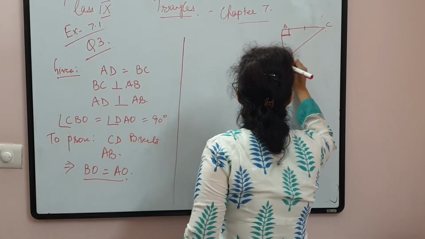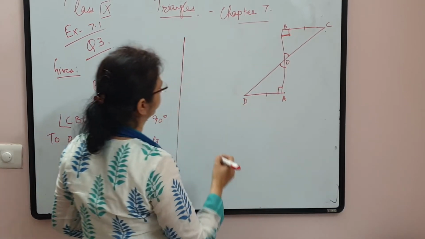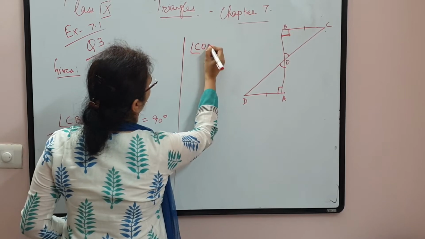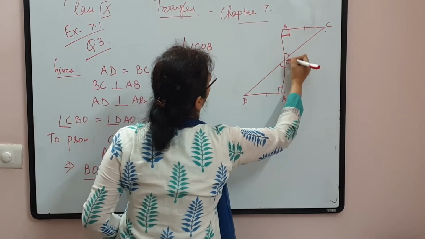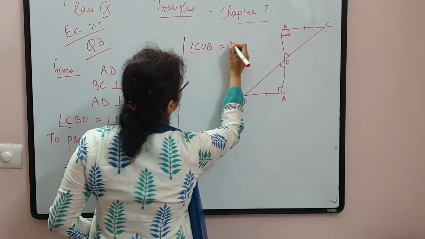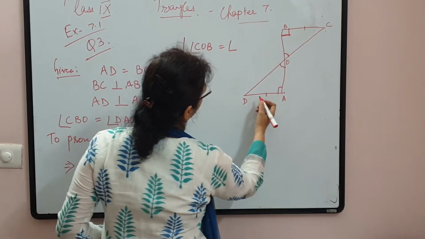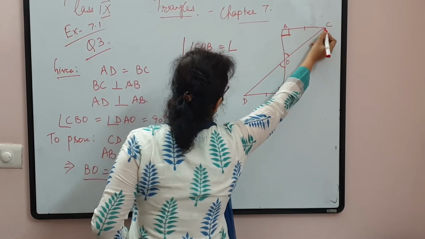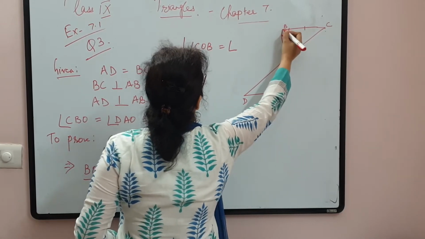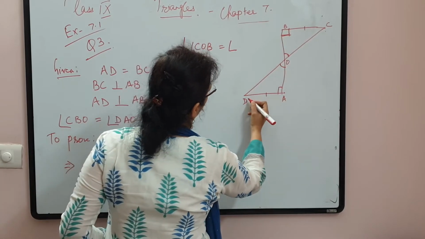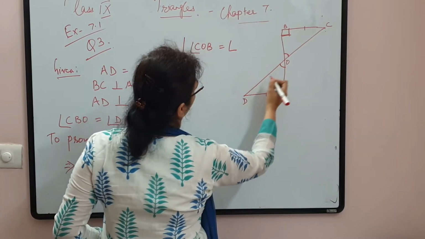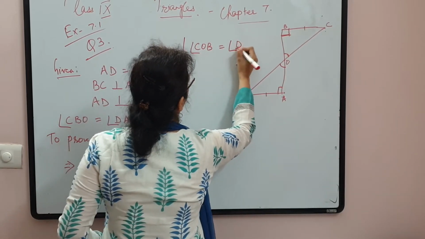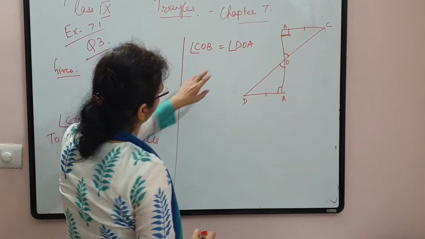We know that, children, this angle and this angle are equal. Angle COB is equal to which angle, children? DOA.